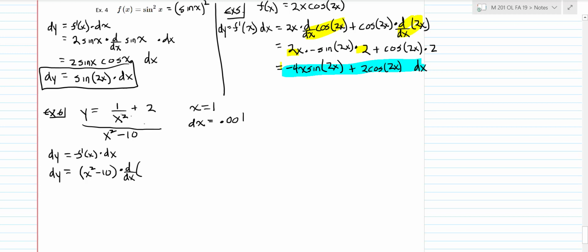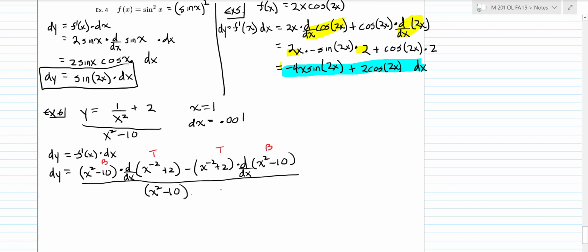If I were doing the derivative of the top, I would write this as x to the negative 2 plus 2, and then we're going to do the derivative of the bottom, x squared minus 10. Okay, so I've taken the bottom times derivative of top minus top times derivative of bottom, then I got to do all over the bottom squared.